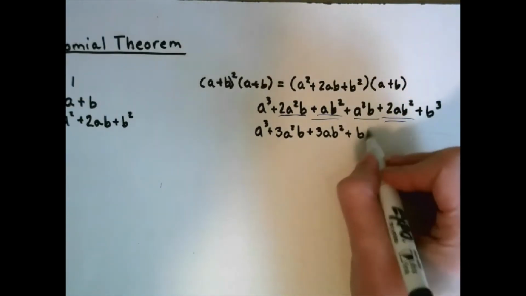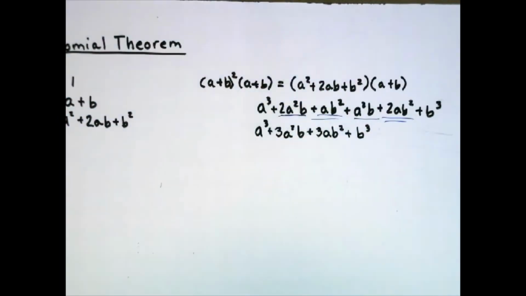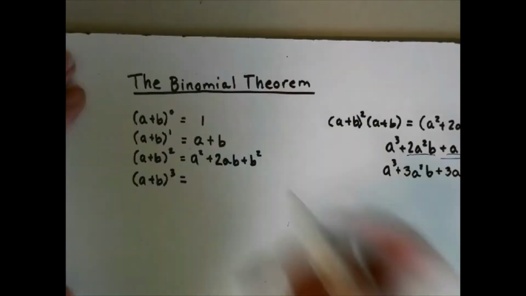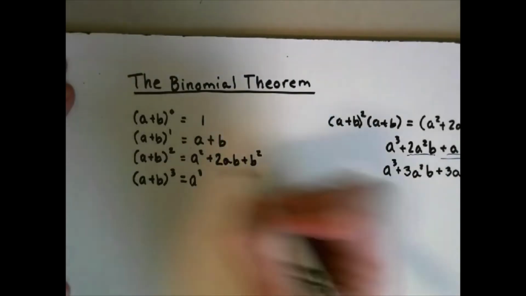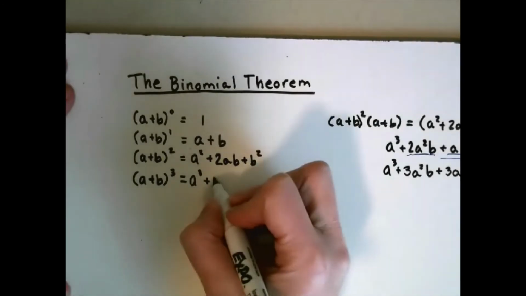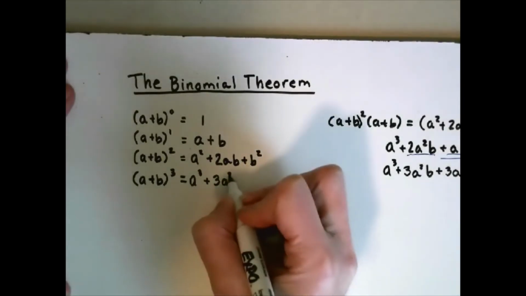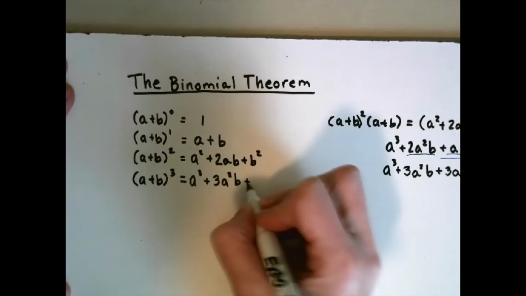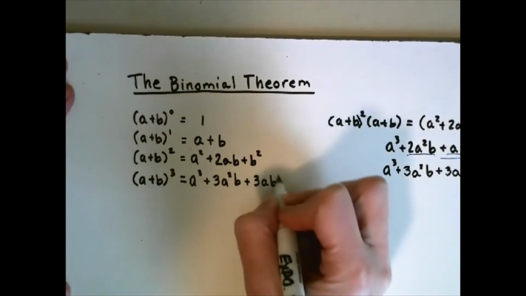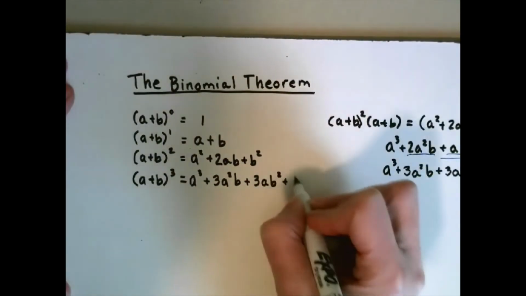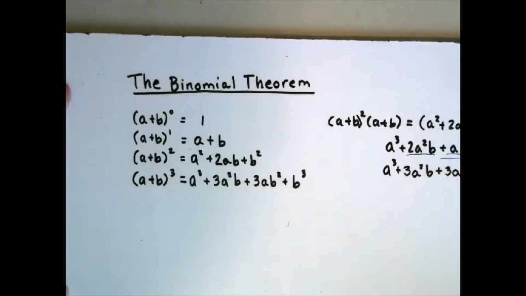And then the 1b cubed. Let's add that to our list over here. So we have a cubed plus 3a squared b plus 3ab squared plus b cubed.